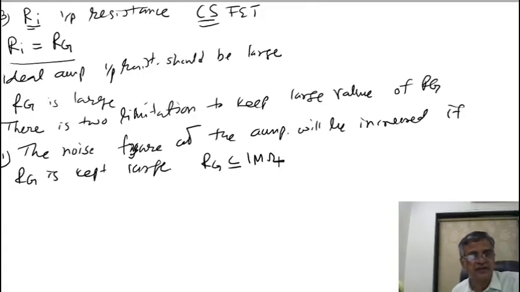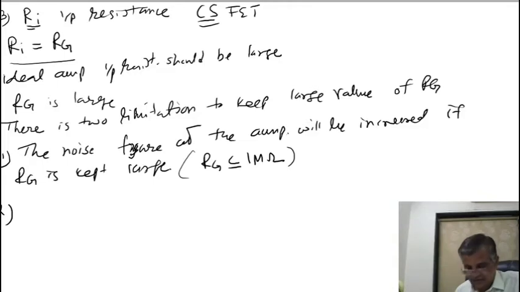This discussion shows that you cannot keep a large value of RG, to avoid the noise figure. So I cannot keep RG very large, more than 1 megaohm, like 2, 3, 4 megaohm.